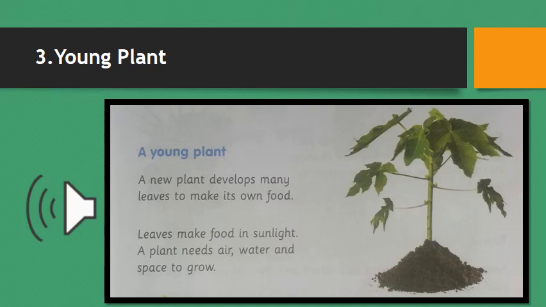So in this young plant, we have so many leaves. And what is the function of the leaves? Leaves are very important for the plants because they make food for the plant. As all these parts arise, now plants need different things to survive, which we have already studied in the last unit. The plant needs water, air and space for its survival.